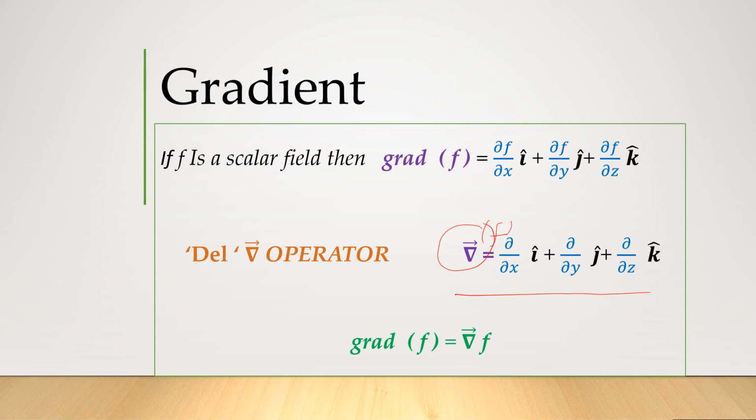Partially differentiate with respect to y, multiply by j cap. Partially differentiate with respect to z, multiply by k cap, then add all those things. That is the del operator. Using this notation, I can write grad f as del f. Whenever I say gradient, I will write like this.